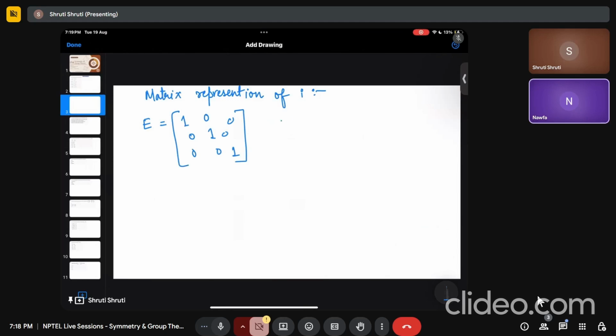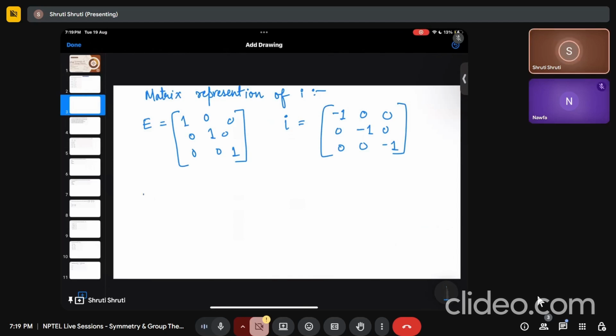I is the center of inversion. Because what I does, if I is applied on any coordinate x y z, the result will be minus x, minus y, minus z. It inverts the coordinate.